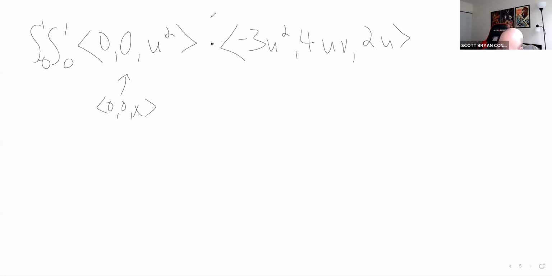And then our dA is just du dv. dA depends on what the bounds on u and v are, and it's a rectangle, so it doesn't matter what order. So that's our integral.